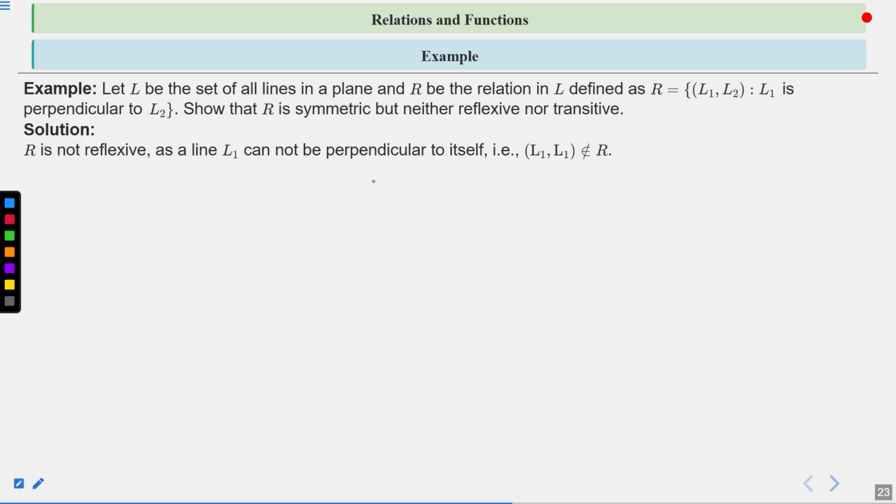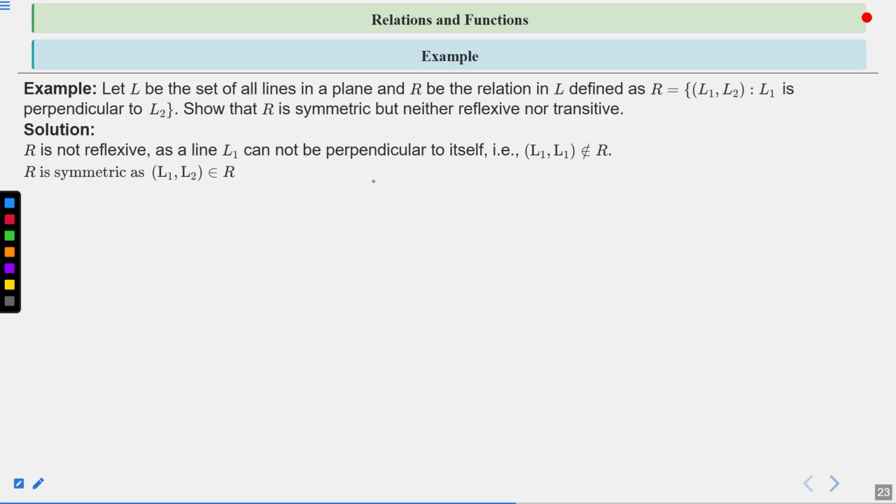So by condition, in order for L1 comma L1 to belong to the relation R, we must have L1 perpendicular to itself. But we know that any line cannot be perpendicular to itself. So this condition is not satisfied. So the pair L1 comma L1 does not belong to the relation R. So not reflexive.